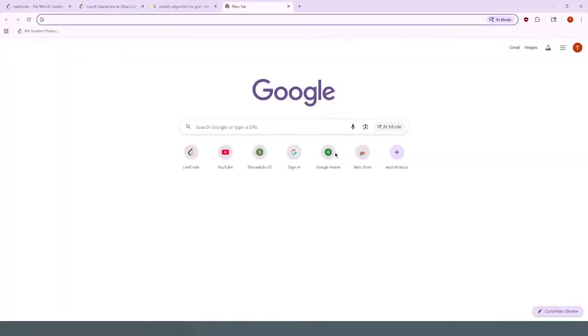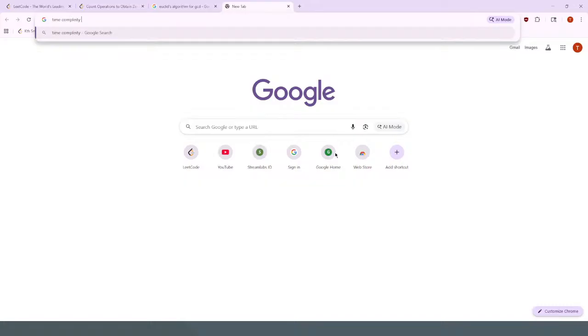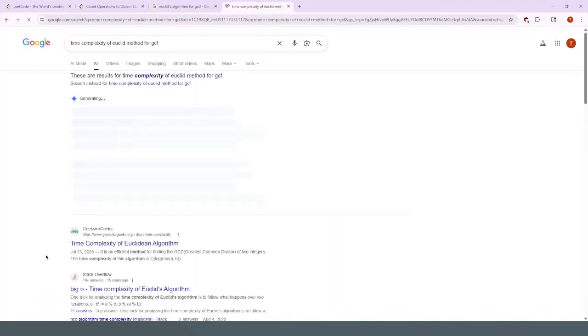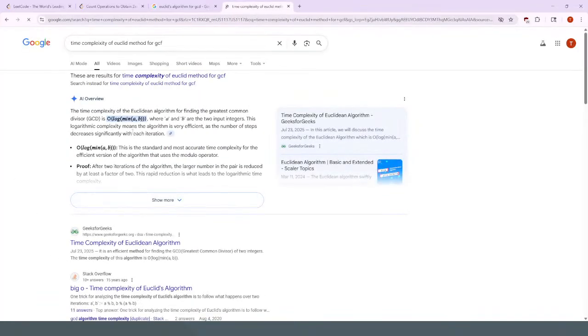What is, okay, time complexity of Euclid's method or GCF? Okay, it's O of log of min of A, B. So I wasn't too off.